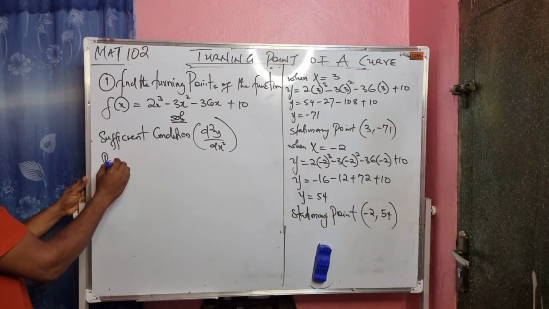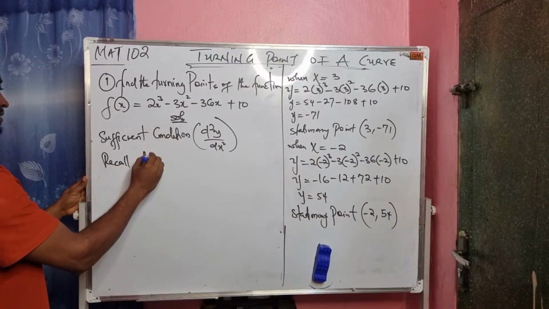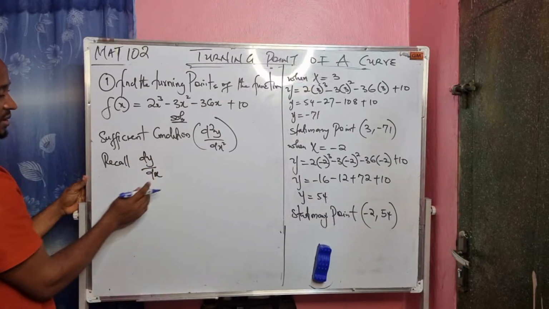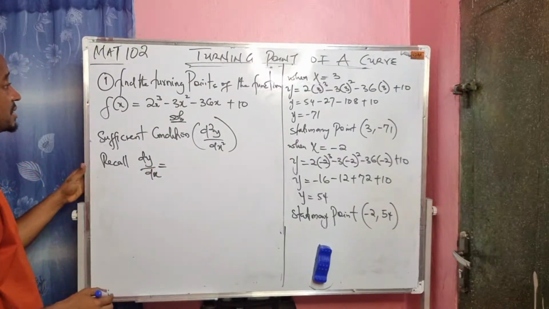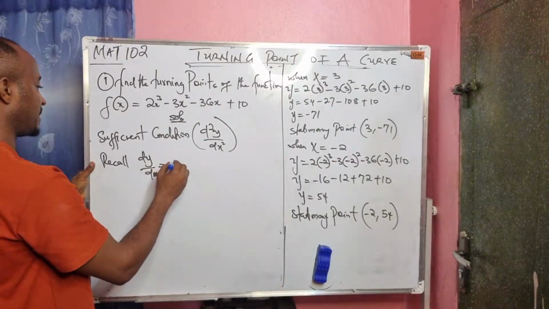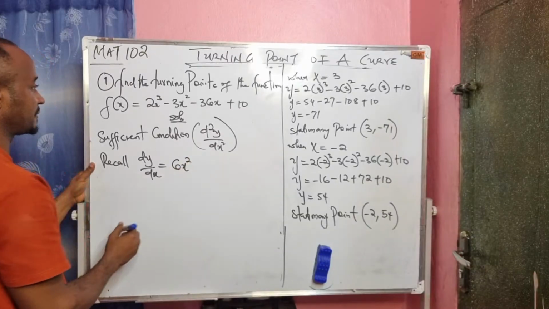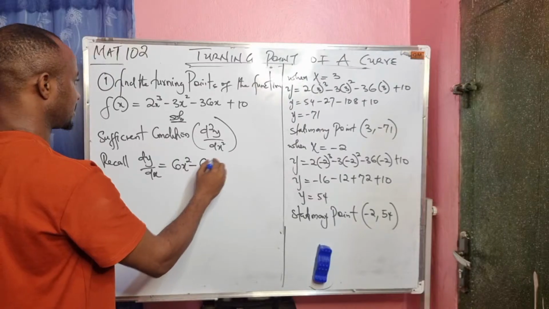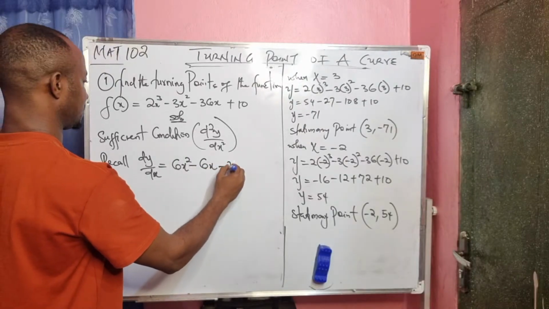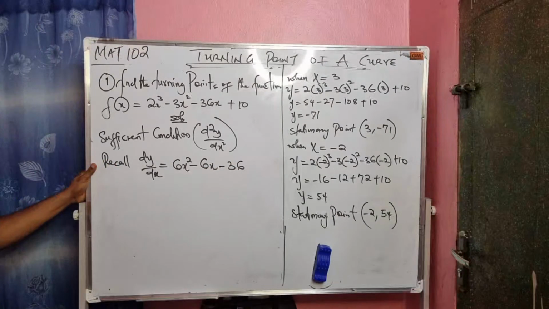Let's recall that our first derivative function, dy dx, was given as 6x squared minus 6x minus 36. This was the value we got, right?